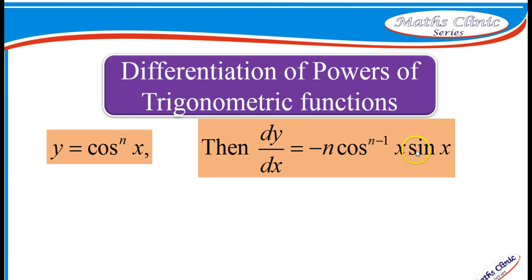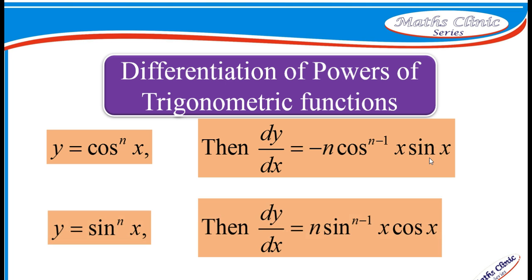And so the negative sine will be here. Then you differentiate within, and this will be the outcome. We'll prove that soon, and you see why the differential of cos nx will give us n cos n minus 1 x sine x. And the same thing, if it is sine, it also gives us this as a formula.